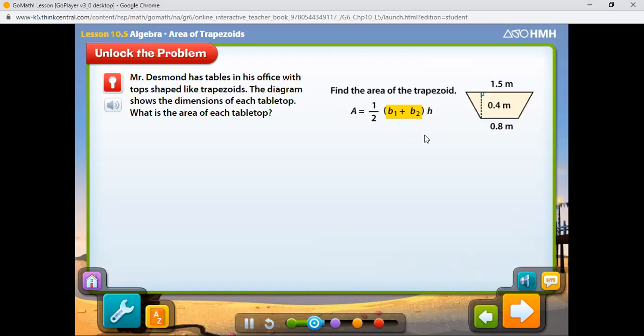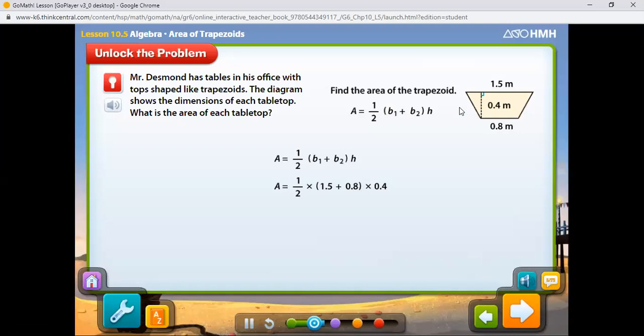How can you identify the bases? Any pair of parallel sides can be the bases. The two parallel sides of this trapezoid are the bases. How can you identify the height? The height forms a 90-degree angle with each of the bases. You can use the formula for the area of a trapezoid. What is the formula?